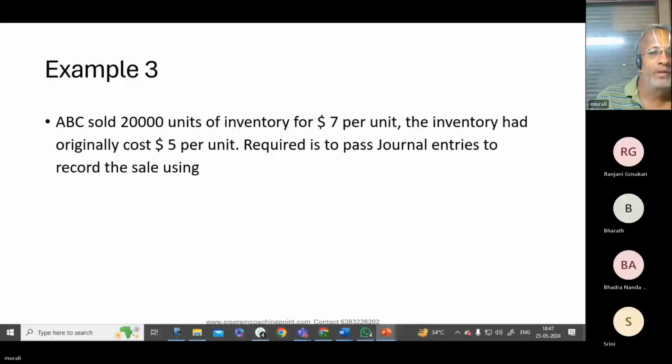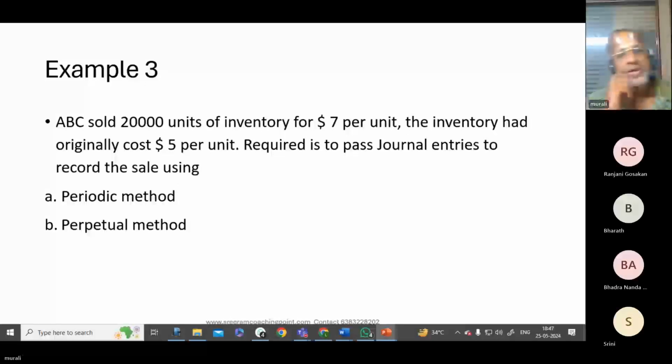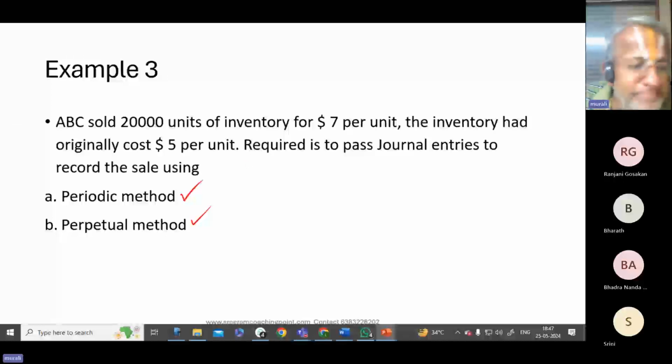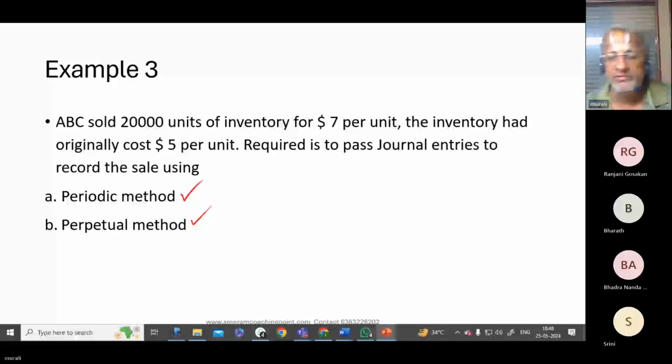Now, I would like to have a discussion with you. What do you understand from the periodic method of keeping inventory, and then the perpetual method of keeping inventory? What do you mean by that? You would definitely have a good amount of experience in your own field.